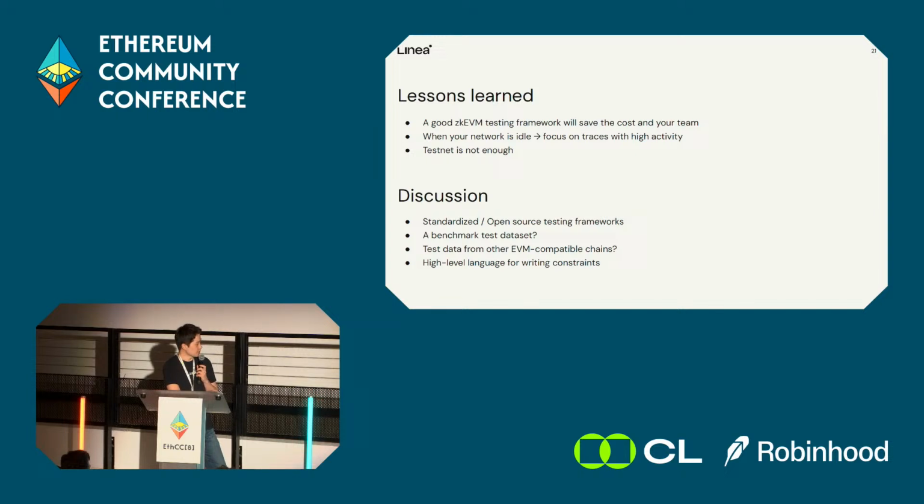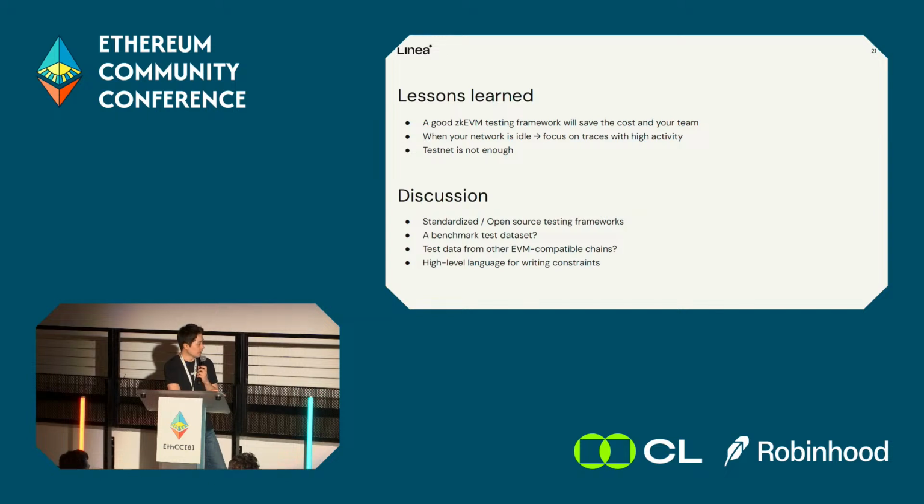And here are some discussions. We think we need a standardized or open source testing framework for a better zkEVM ecosystem. I also thought we need very good benchmark test data that researchers or zkEVM projects can just use, because when they build their constraints, they need test data for testing.